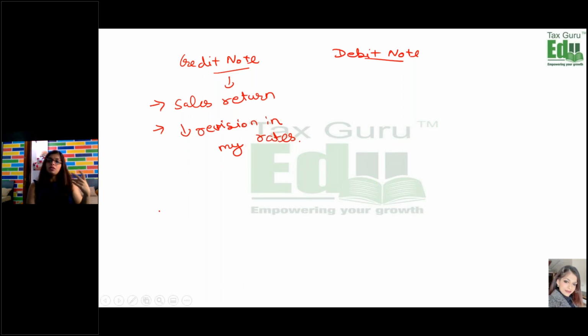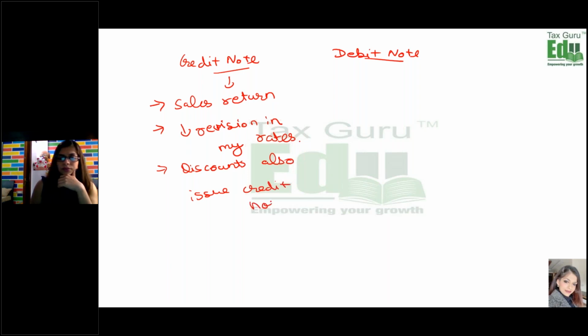Whatever may be the reason, I am reducing my prices. I am reducing my sales value. I have to issue a credit note. Many people for discounts also issue credit note. Okay.